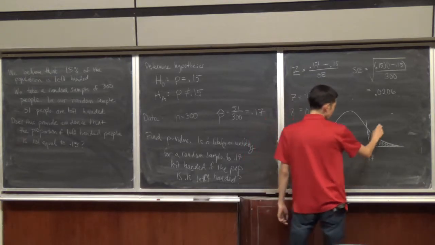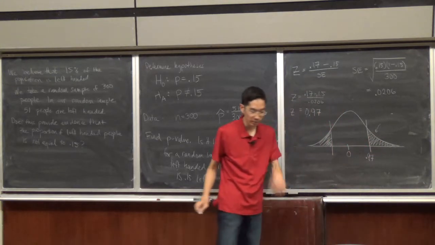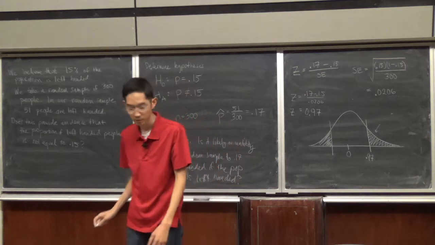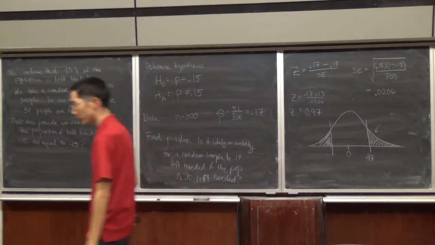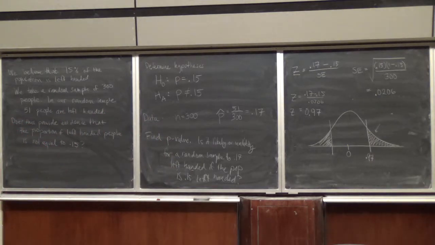So how much is in the tail here? The tail does not have 0.834, the tail has 1 minus that.